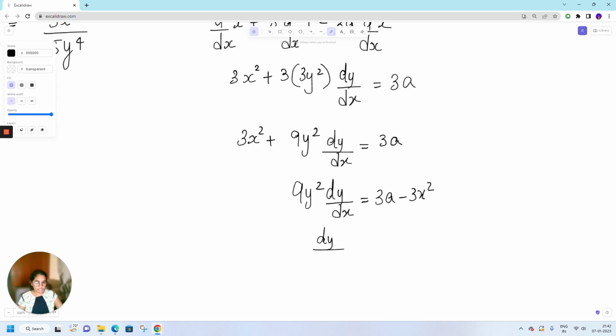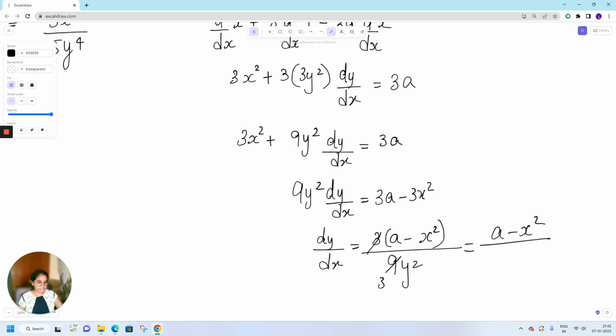So dy by dx would be, in the numerator, can I take 3 common? Yes, so I would get a minus x square. So 9y square, if it goes to the RHS, it would become division. So 9y square, 3 1s are 3 3s are. This is equal to a minus x square divided by 3y square.